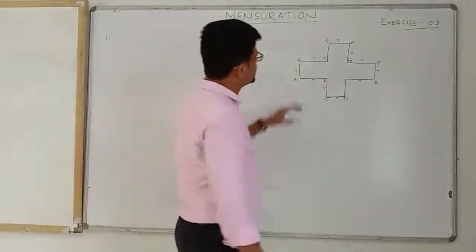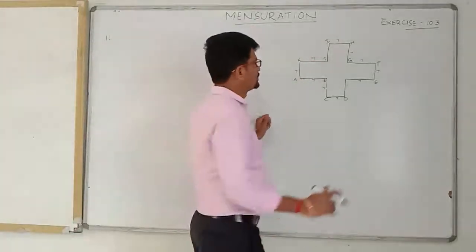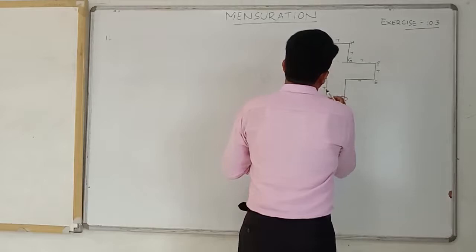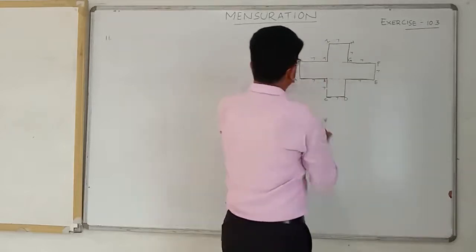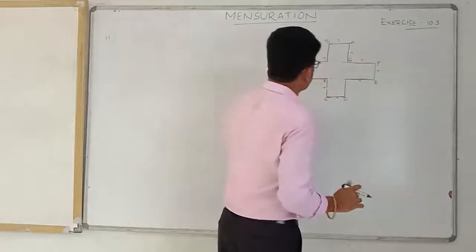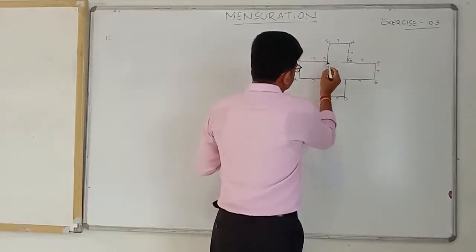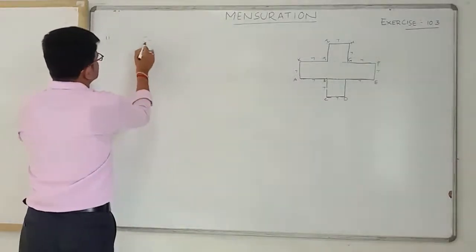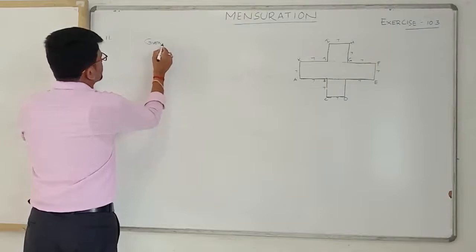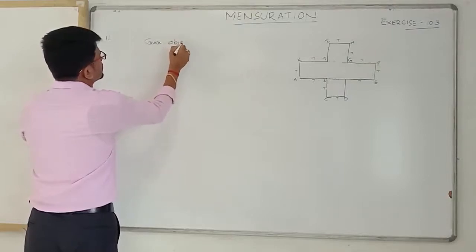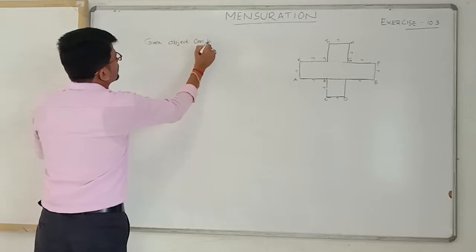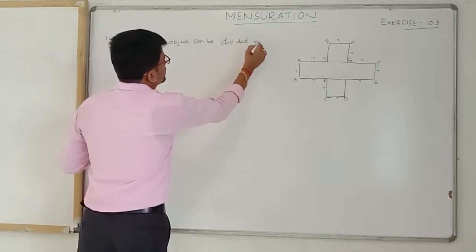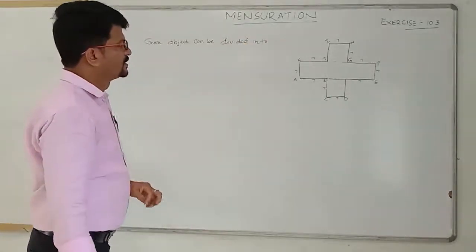We need to split into rectangles. Okay. For example, if we join like this, this will become a rectangle. And here, okay, now the given object can be divided into, okay, how many rectangles?